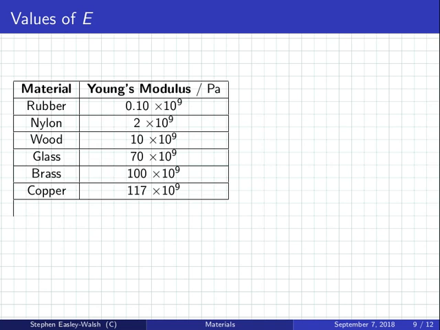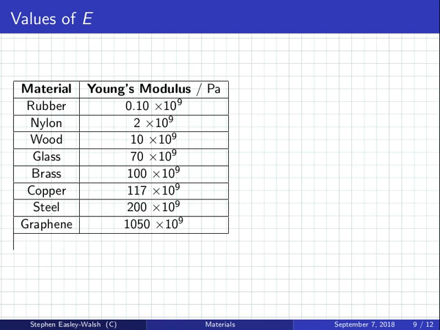So next material, steel. And now the stuff in the pencil, the graphene.